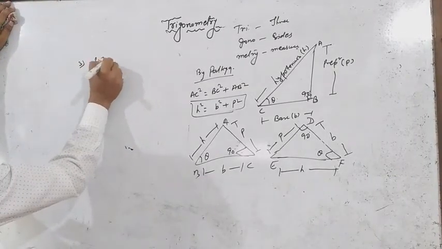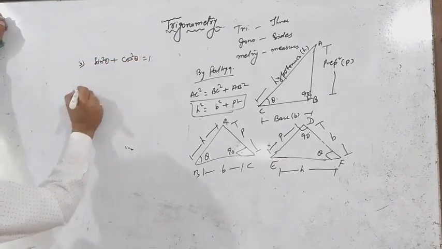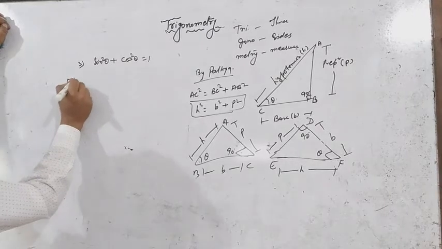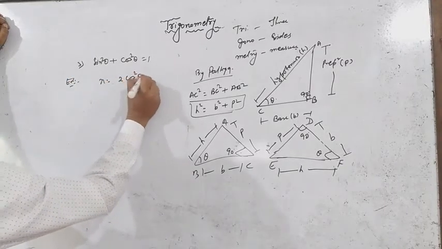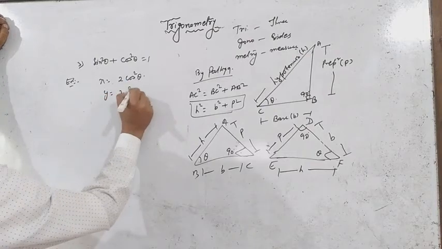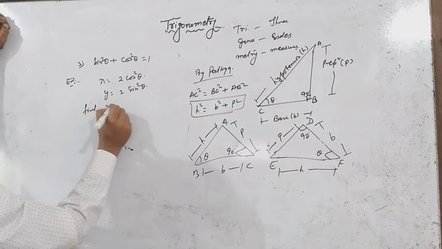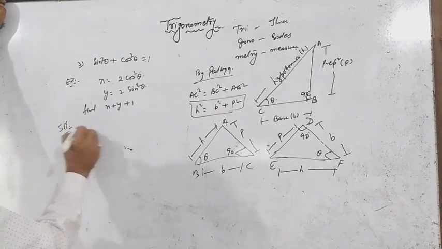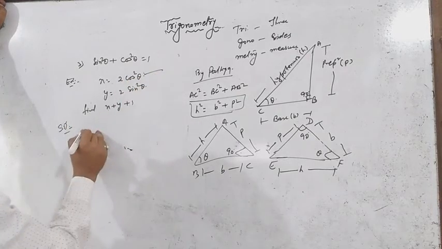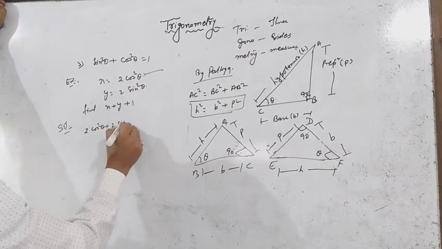Next, you also learn this formula used in this chapter: sin square theta plus cos square theta equals 1. For example, this is another question. X equals 2 cos square theta, y equals 2 sin square theta. Find x plus y. Solution of this question: x is given as 2 cos square theta, y as 2 sin square theta.